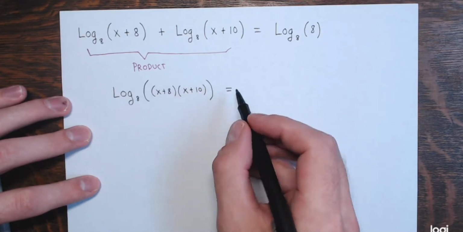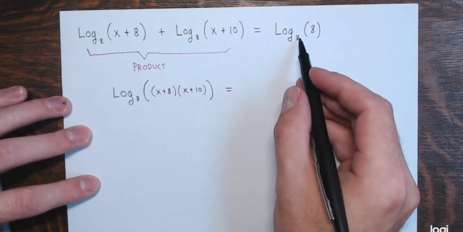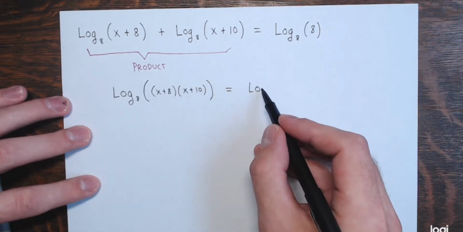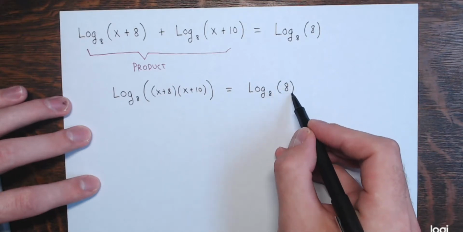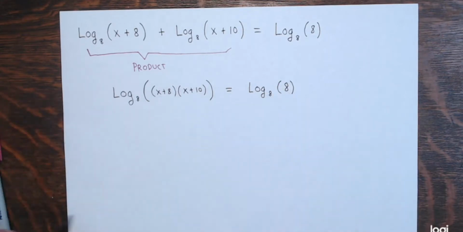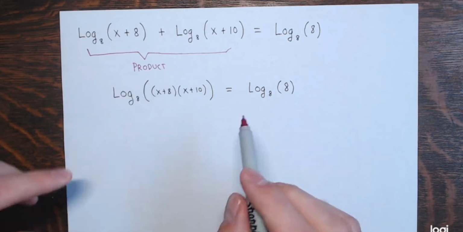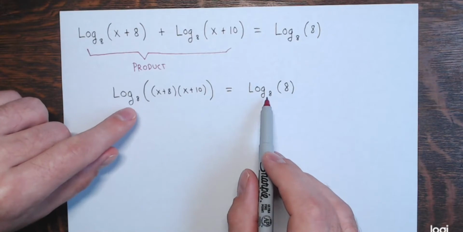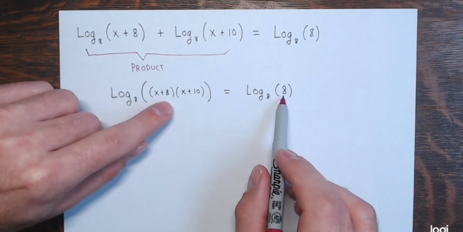So now the left side is a single logarithm, and the right side is a single logarithm, just the log base 8 of 8. And now I can use the one-to-one property. If two logs with the same base are equal, the only way that's going to happen is if the arguments are the same.